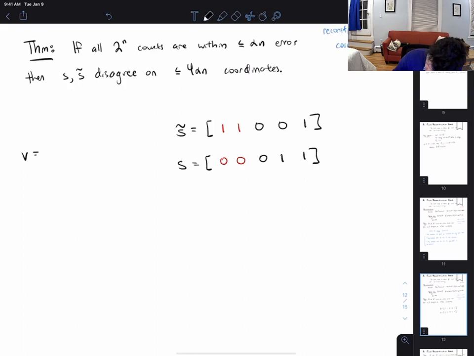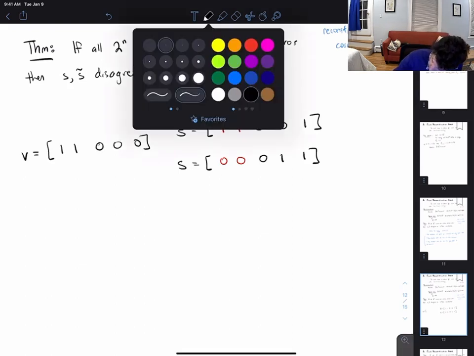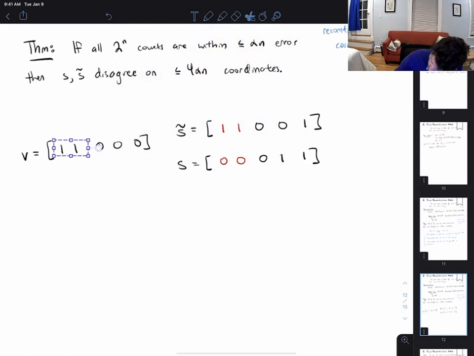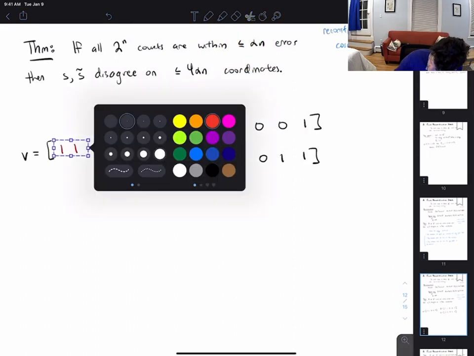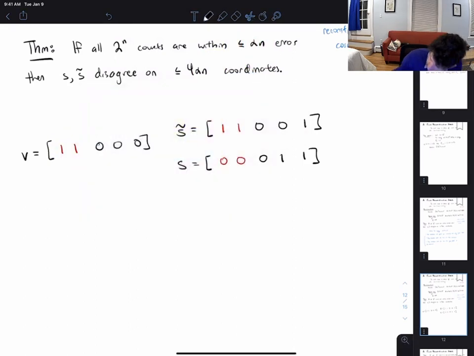That query is just going to be the query that puts ones on all the red coordinates, so it's the one that puts ones on those first two coordinates. Why is that query useful?